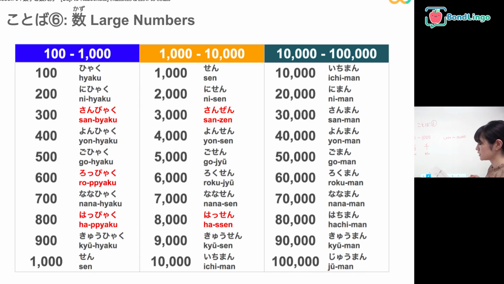And 10,000, ichiman. In kanji it's written like this. This is man, 10,000.